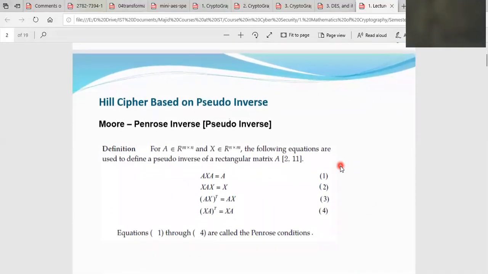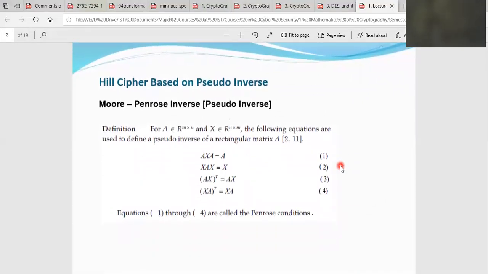So let us start with the first topic of our present lecture. This is Hill cipher based on pseudo-inverse method. These are fundamentally some definitions that a rectangular matrix has to satisfy, equations 1 to 4, in order to have a pseudo-inverse.